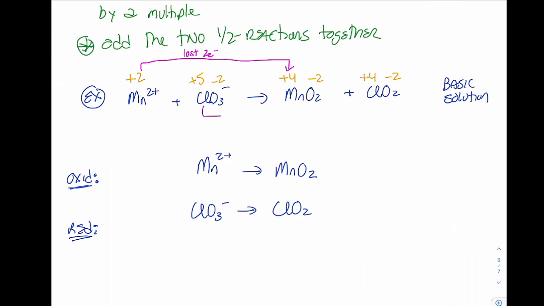Here, I'm going from +5 to a +4, which means we gained 1 electron. So again, this is not balanced, right? It's not balanced for a lot of reasons. Oxygen, here I have 4 of them. Here I only have 3, but my number of electrons lost does not equal the number of electrons gained, and that needs to be if it's going to be balanced. So totally unbalanced at this point.